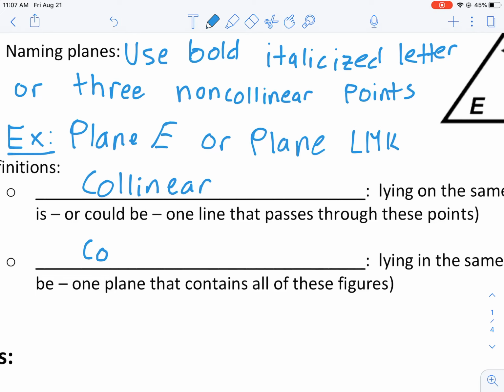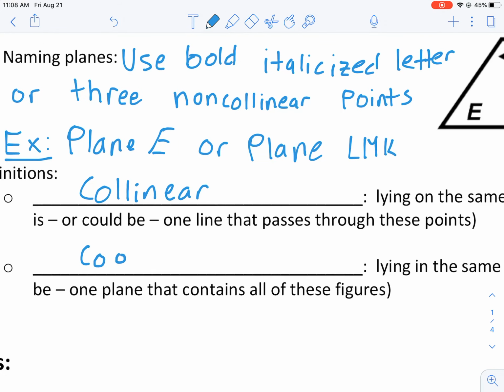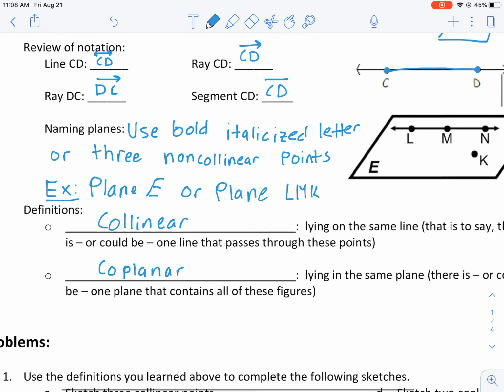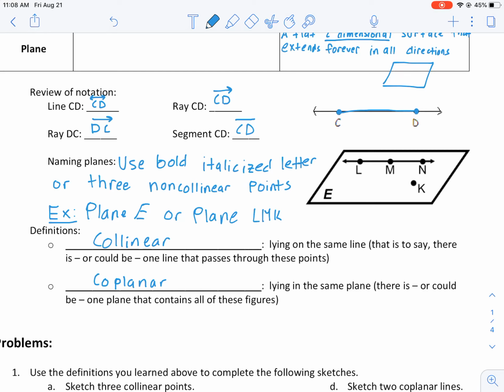And another similar word is coplanar. So hopefully you can guess what that means. Coplanar is 4 or more points that all lie on the same plane.